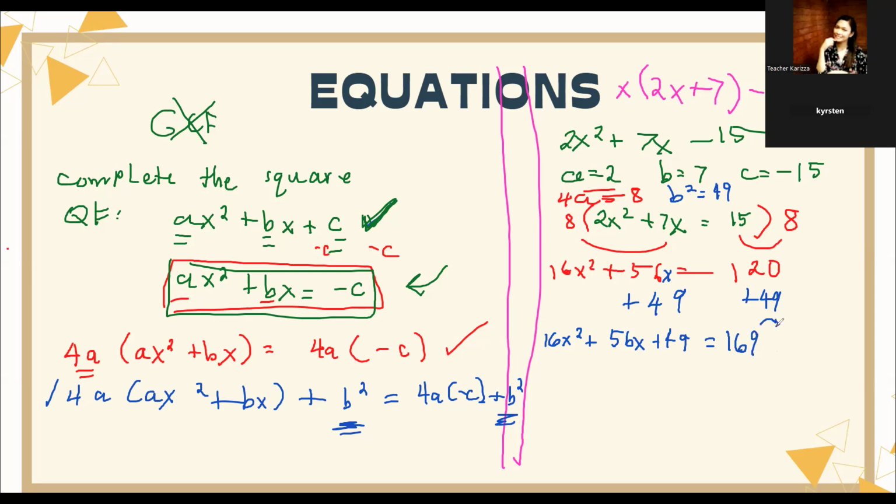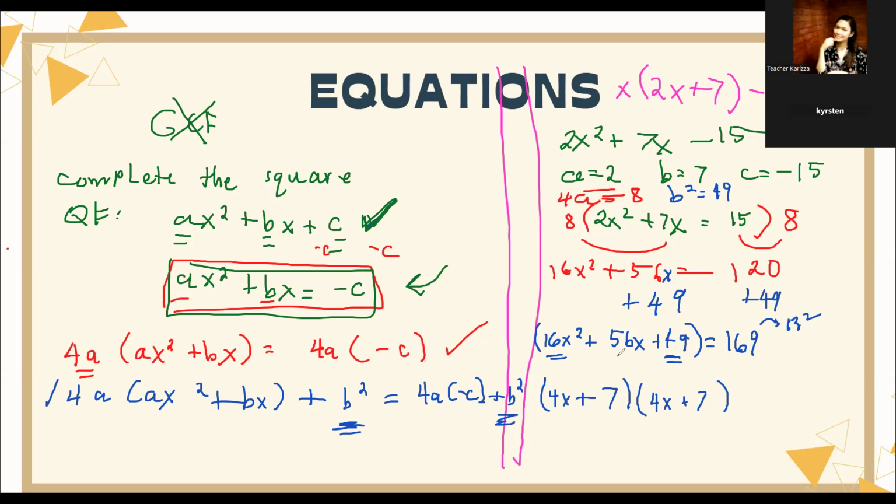This is 13 squared, by the way. Okay. And then lastly, factor. So for this, 2 is 4x times 4x, this is 7 times 7. So everything's positive naman.